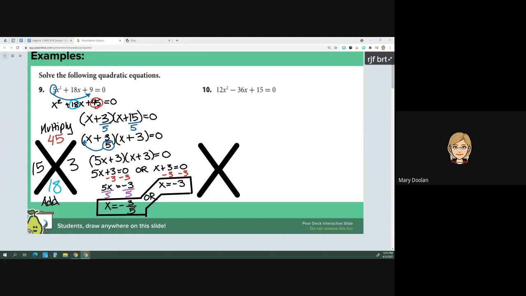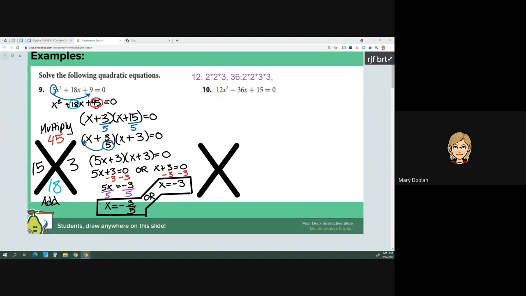12 factored, its prime factorization, is 2 times 2 times 3, right? For 36, that's 2 times 2, which is then 3 times 3. 4 times 9 is 36.